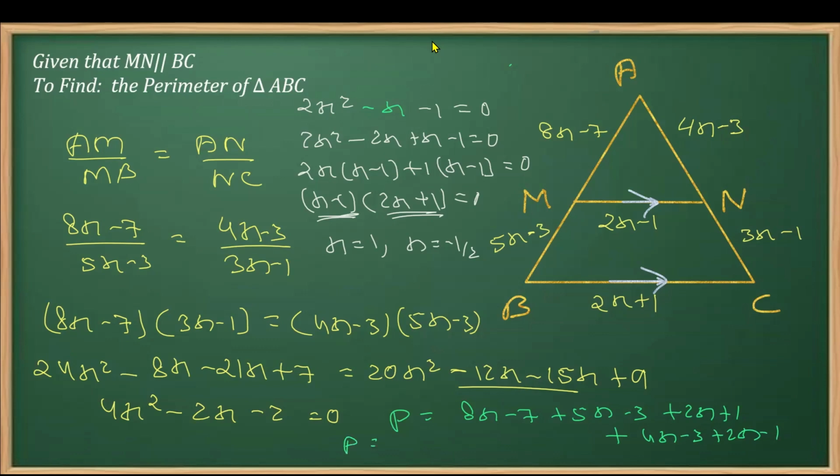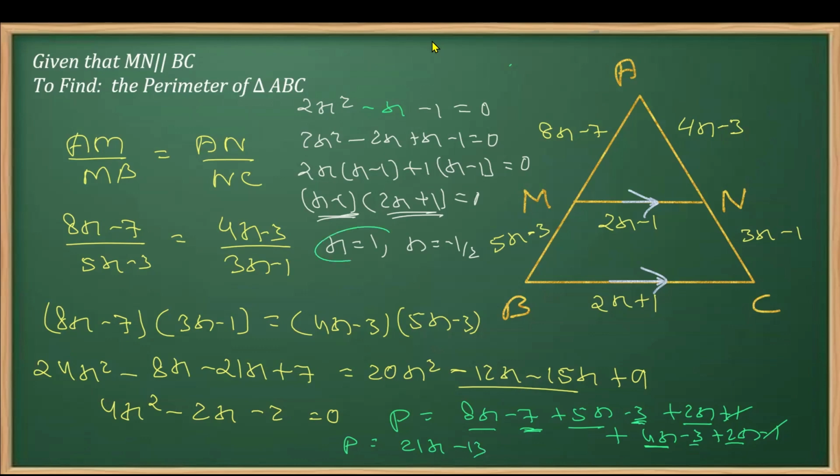On simplifying, 8x plus 5x is 13x, plus 2x is 15x, plus 4x is 19x, plus 2x is 21x. Adding the constants, minus 7 minus 3 is minus 10, the 1 and minus 1 cancel, and minus 3 gives minus 13.